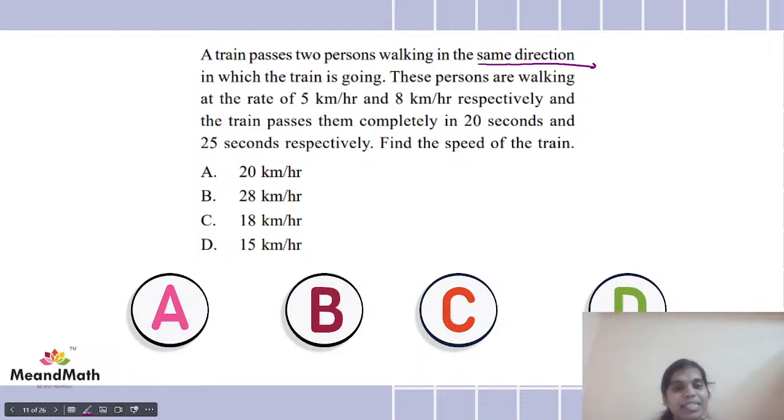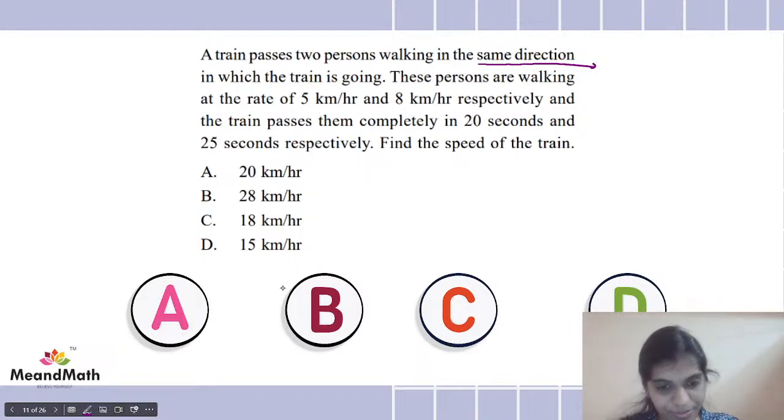These persons are walking at the rate of 5 km per hour and 8 km per hour respectively, and the train passes them completely in 20 seconds and 25 seconds respectively. Find the speed of the train. Here we need to find the speed of the train, so let's discuss how we can find it.